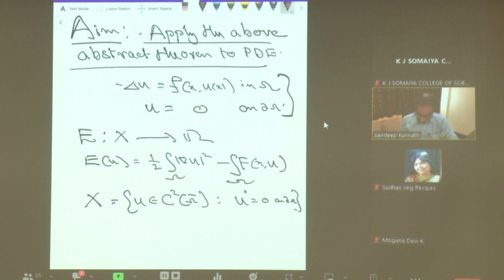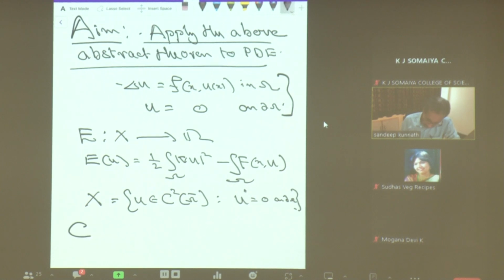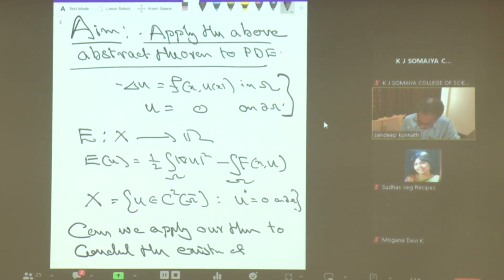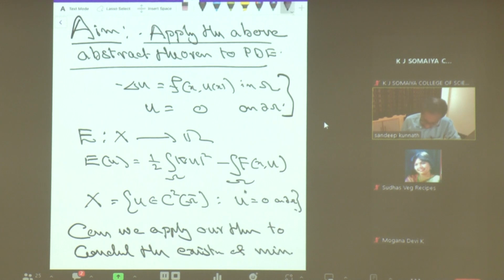Okay. So now the question is, can we apply our theorem to conclude the existence of critical points, minima, of E.